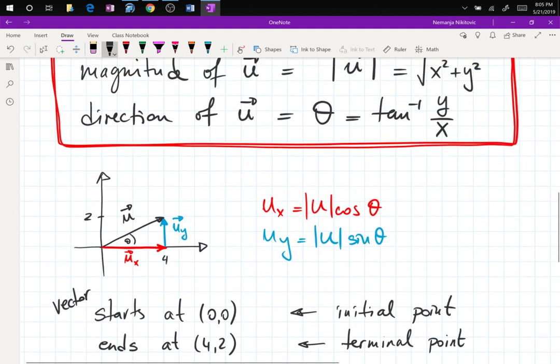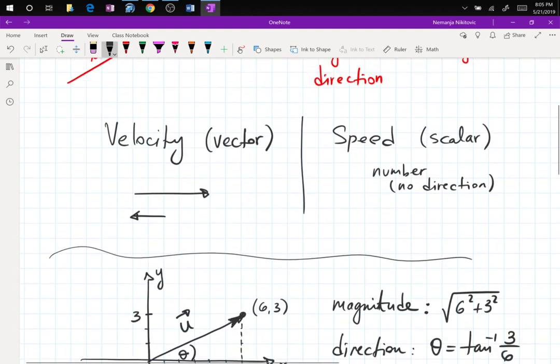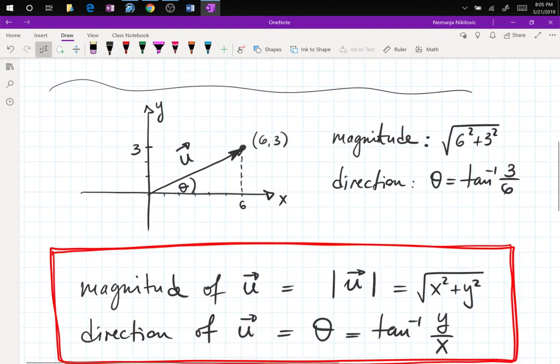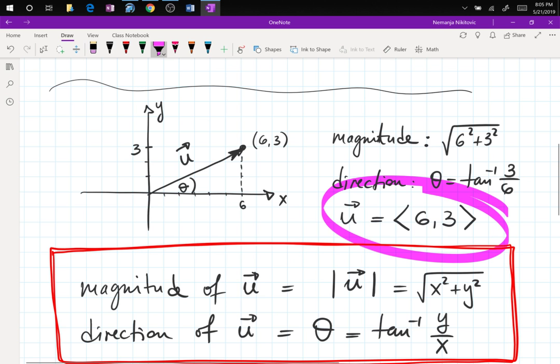Oh, I never actually gave you a notation for a vector. I talked all about these things. Maybe over here, I'll say that this particular vector u is 4, 2. You use these spiky brackets to denote vectors, and you just use the terminal point to describe the vector.